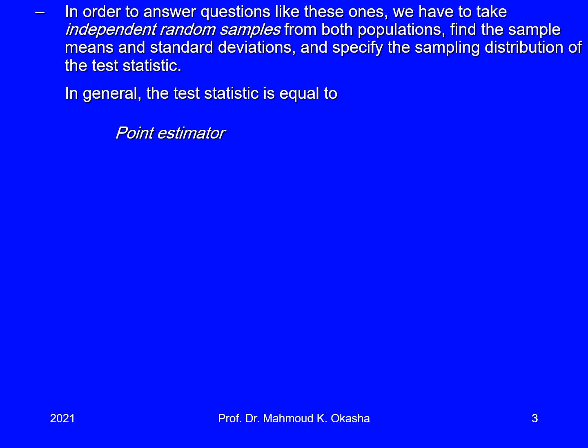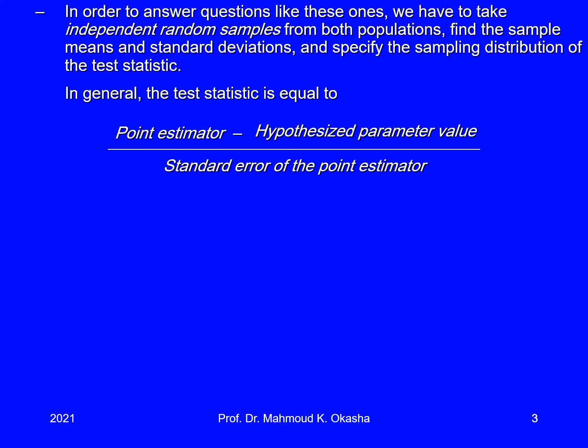We have mu1 and mu2. We know the point estimator for mu1 is x1 bar, and for mu2 it is x2 bar. Those are the two point estimators for the parameters. So the estimator for the difference mu1 minus mu2 is x1 bar minus x2 bar. That's the point estimator.